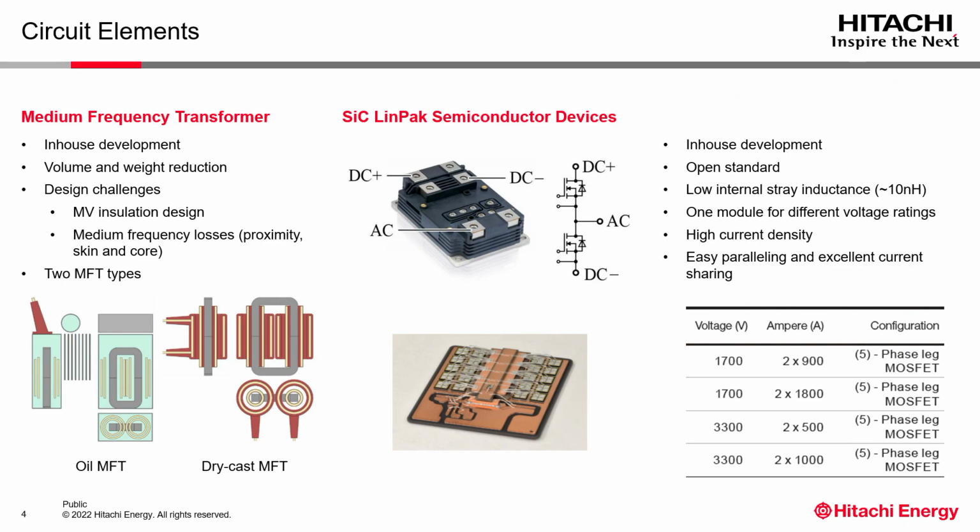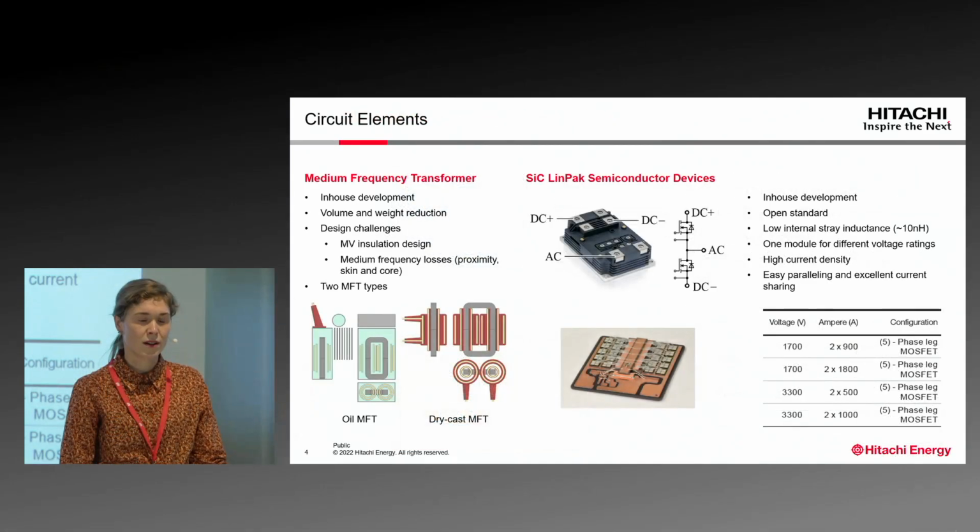We saw already in presentations before how volume and weight can be reduced by higher switching frequency. This is quite obvious. But I want to point out the design challenges that come with medium voltage. Medium voltage insulation design is not trivial. And also the medium frequency losses, like proximity, skin and core losses, are really not easy to manage.